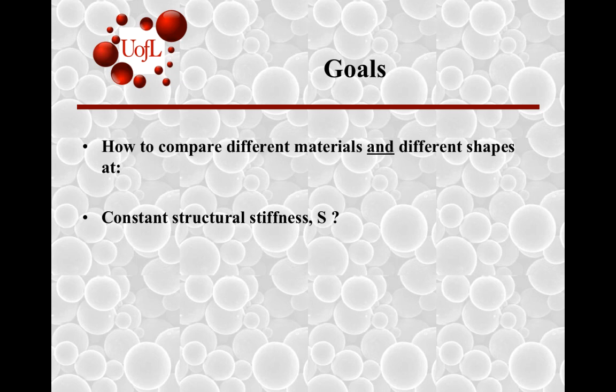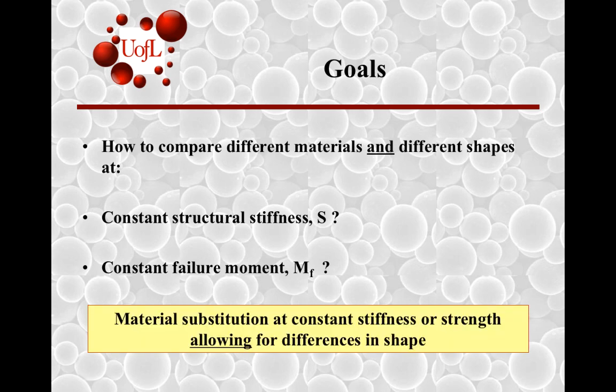And so, focusing on mechanical properties, we look at a stiffness limited design as well as a strength limited design. And we look at how material substitution can be achieved at constant stiffness or strength, but allowing for differences in shapes.